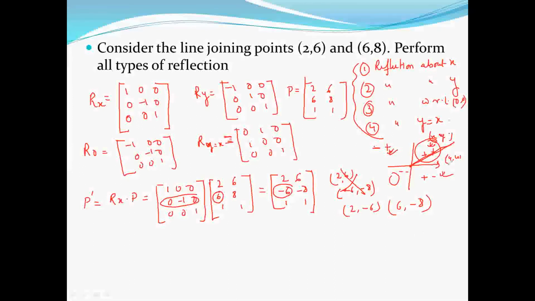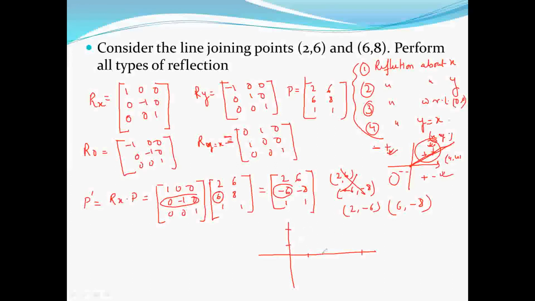So if it is our x-axis, and the points are 2, 6 and 6, 8, the same line segment will appear over here. I'm showing you here, you can see that. So consider this is 2 and this is 8, and this is again 2 and this is 6.